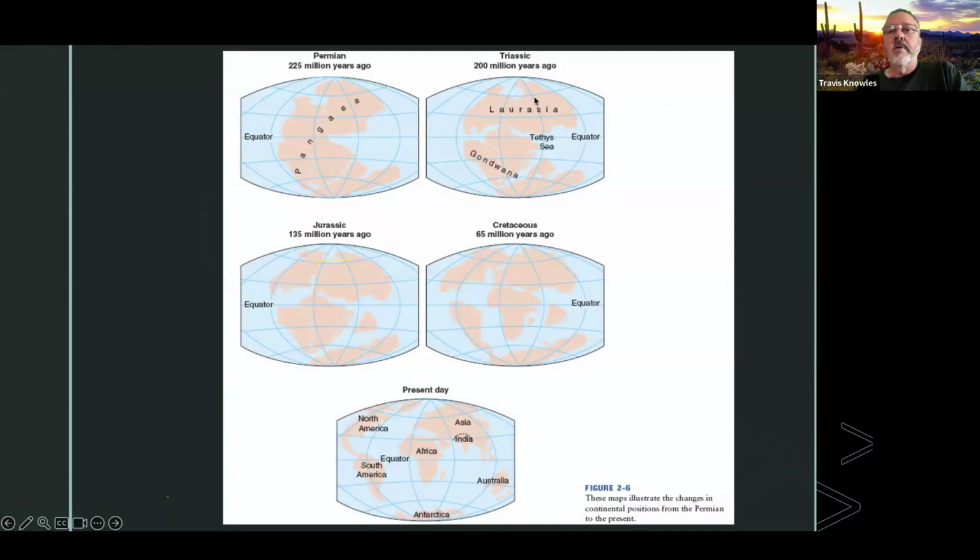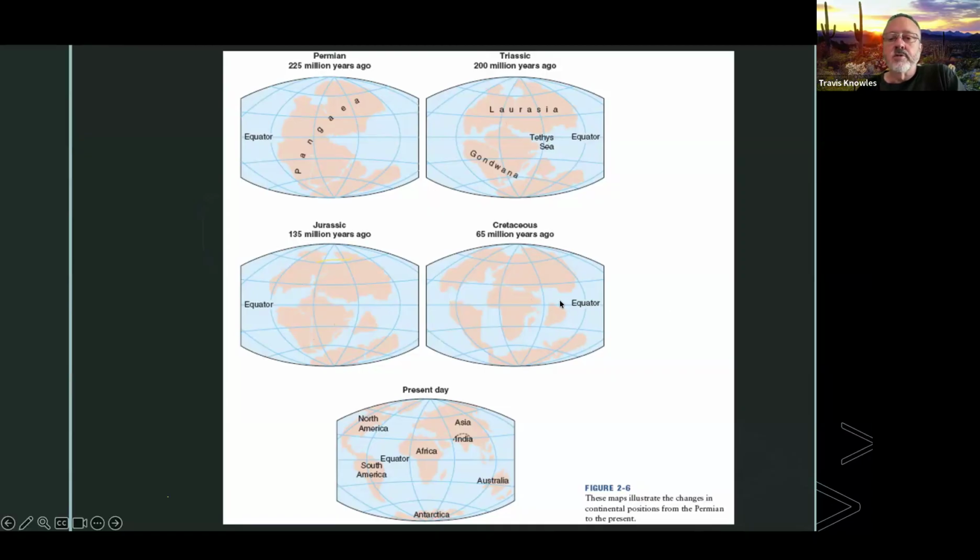Then you may be familiar with some of these terms, the Triassic, the Jurassic, and Cretaceous. This was the age of the dinosaurs up until 65 million years ago. These continents were continuing to break apart. You can see here, for example, South America and Africa splitting apart and moving apart from each other as these crustal plates are moved farther apart.